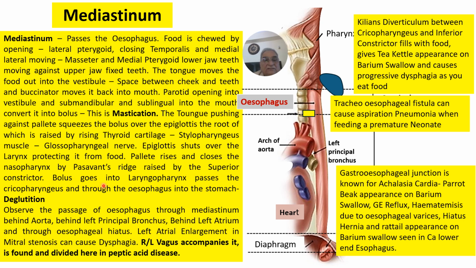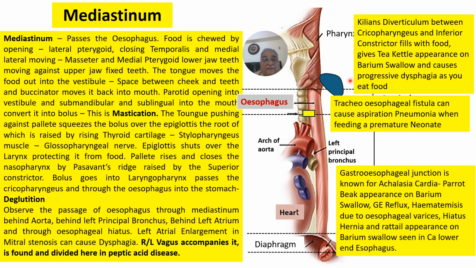Therefore, the bolus can neither go into the larynx nor into the nasopharynx, and goes into the laryngopharynx and passes through the cricopharyngeus and through the esophagus into the stomach. This whole process is called deglutition.